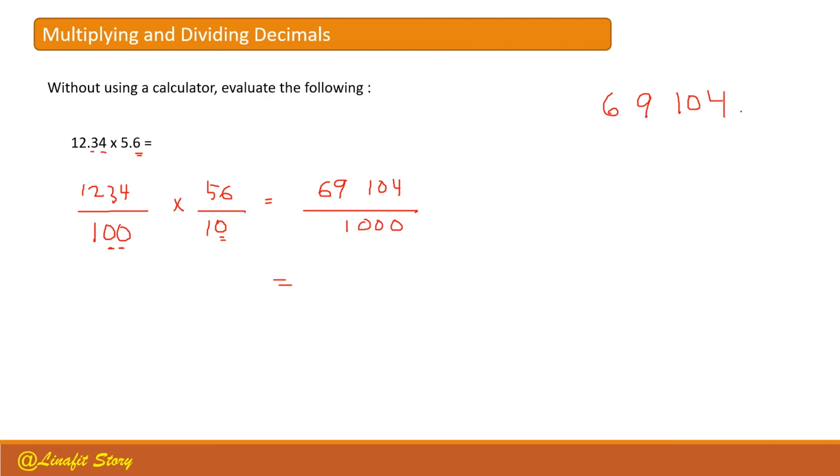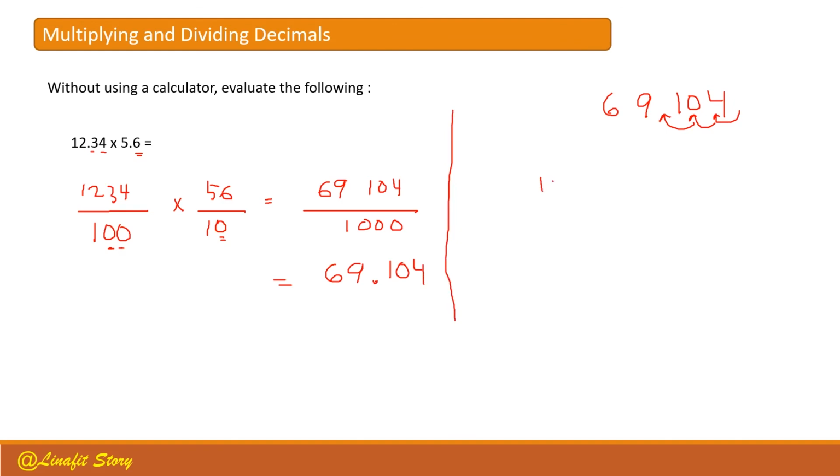You must move the decimal point to the left side. How many times? 3 times. Why? Because there are 3 zeros. 1, 2, 3. So the answer is 69.104.